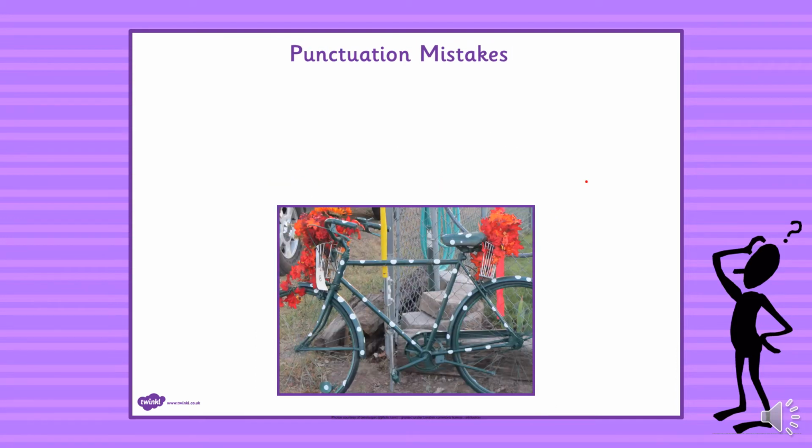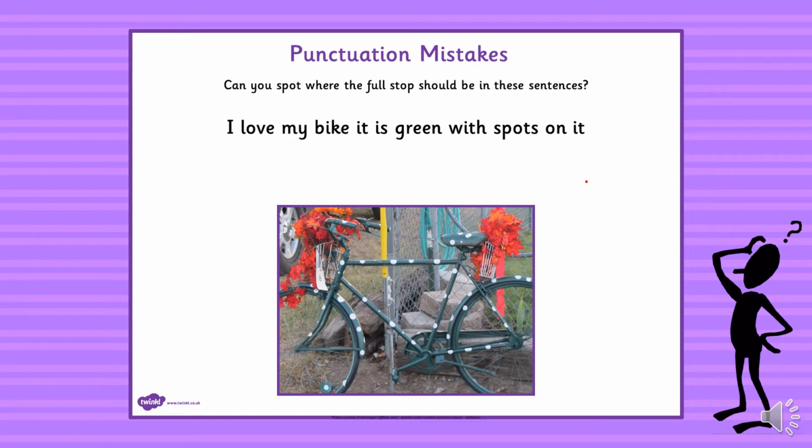And we should also be checking our writing to see if there are any punctuation mistakes. Can you spot where the full stop should be in these sentences? I'll read them to you. I love my bike. It is green with spots on it. What punctuation needs to be corrected here? Have a little think.